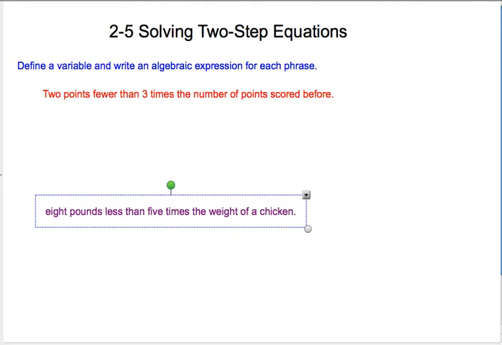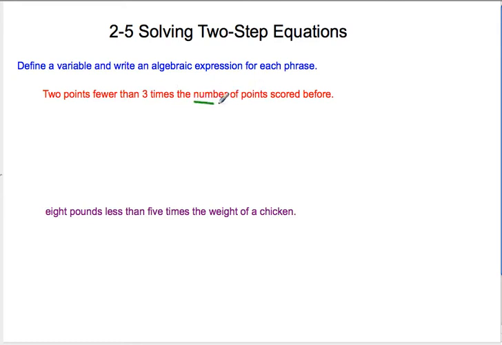Here's the first one: 2 points fewer than 3 times the number of points scored before. That can be a confusing thing for a lot of people to read, but the important thing to see is that there's only one unknown thing here. 2 points, that's known, fewer, that's known, 3 times. The number of points scored before is the only thing that we don't know.